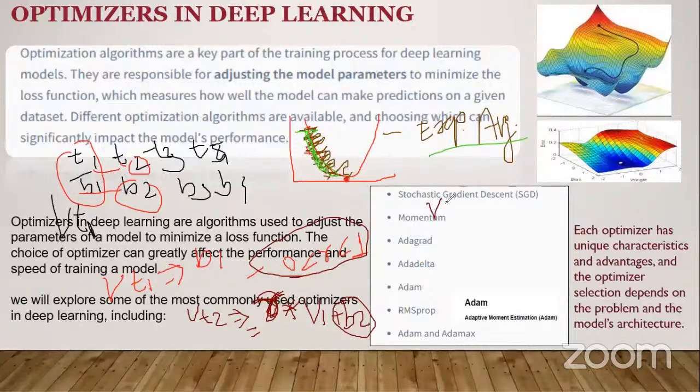So VT2 will look like this: if I insert a gamma value of 0.5 multiplied by the V1 value plus directly B2. Try and imagine what I'm doing here: for the previous value, I'm giving less weightage, and for the current value, I'm giving higher weightage. But somehow I'm still giving a reference to the previous time also, right?